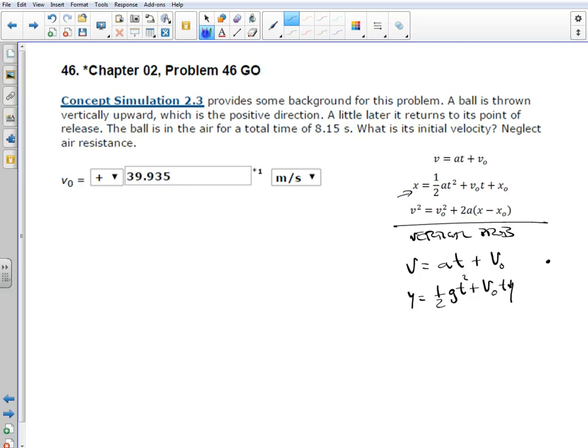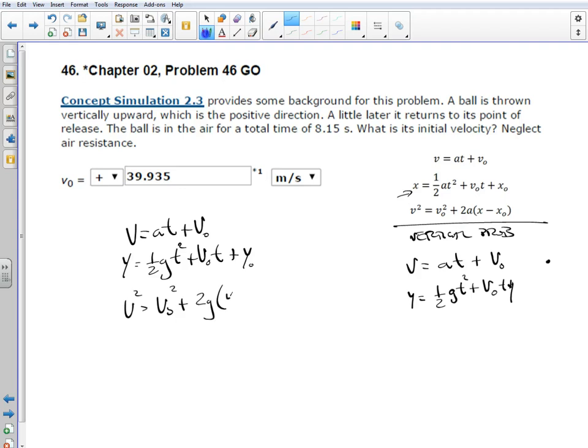All right, hold on. v equals g t plus v0, and then y equals 1/2 g t squared plus v0 t plus y sub 0. And then I have v squared equals the original velocity squared plus 2 times g times y minus y sub 0.